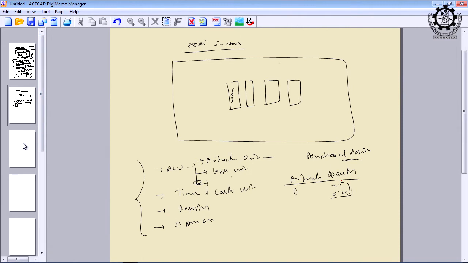Another limitation is that it cannot do exponentiation. It cannot find sine and cosine functions. These are not possible simply. Of course, when the 8085 was developed, these were not required. But in advanced microprocessors, even the 8086 allows all these operations.